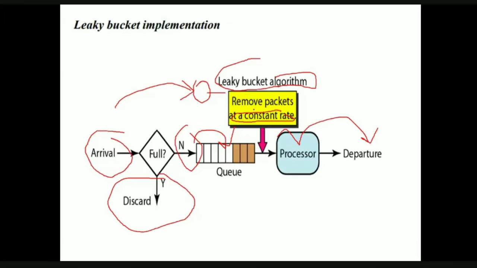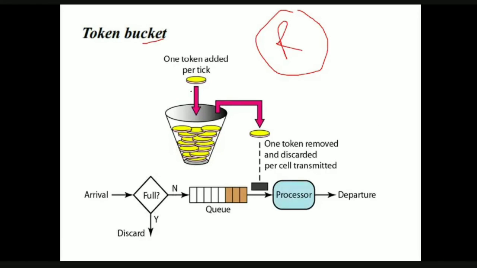But coming to the token bucket algorithm, this algorithm allows the hosts which are idle to accumulate credit. That is, let us say initially we have the first second to 10 seconds. Okay, so for 1 to 3 seconds, the host is sending the information, so there is no problem.